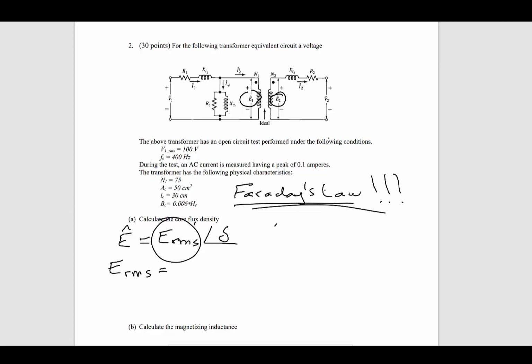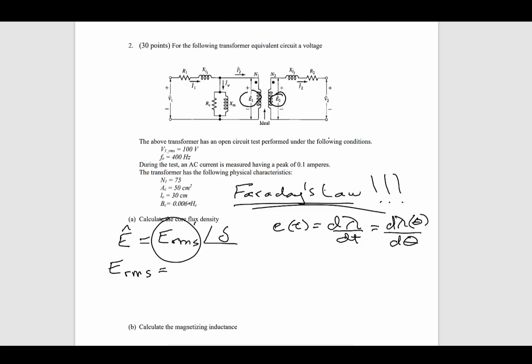E, here's the scalar version of it, is the derivative of the flux linkage with respect to time. Or it could be, if you have a rotational machine, this isn't related to this problem, but it's related to what was in the lecture last Thursday, the spatial derivative of the flux linkage.